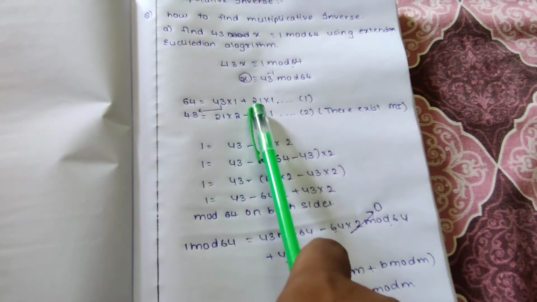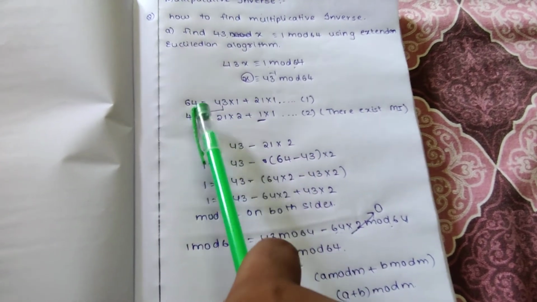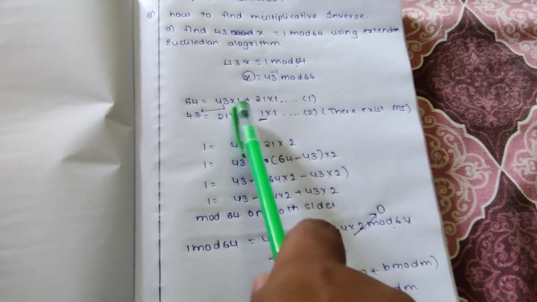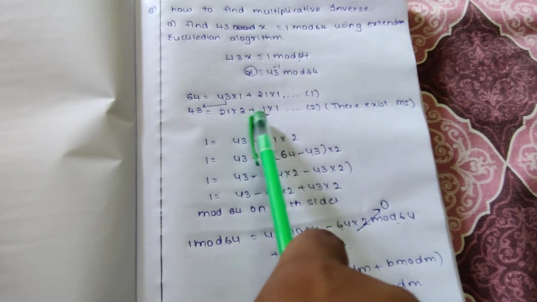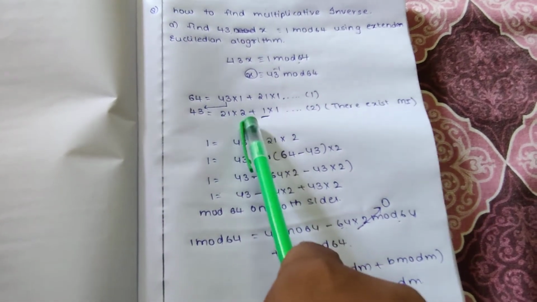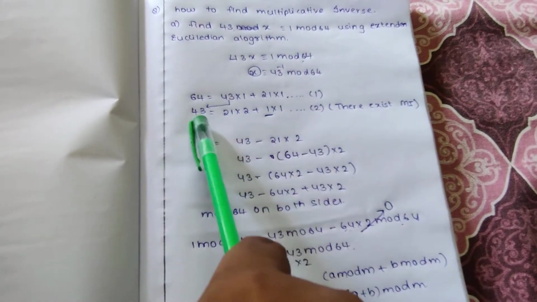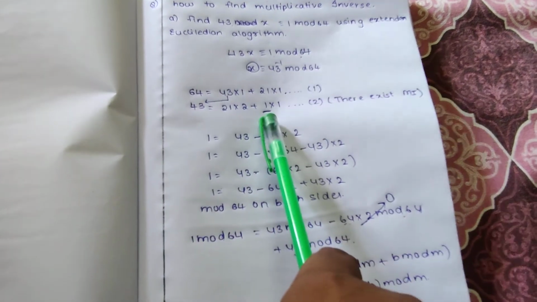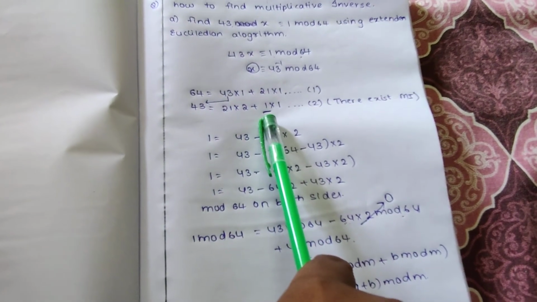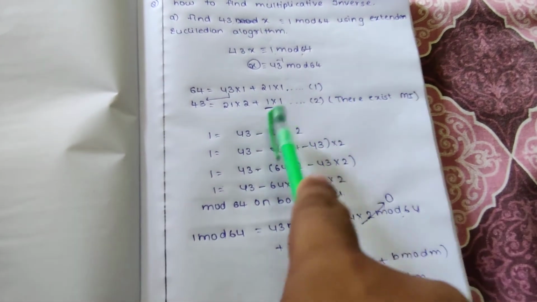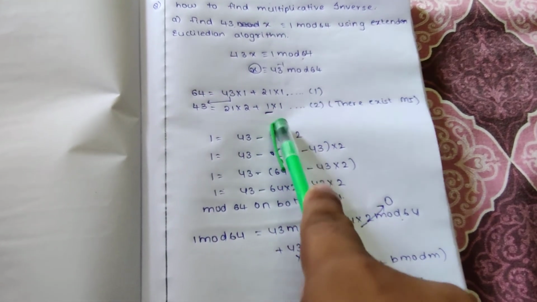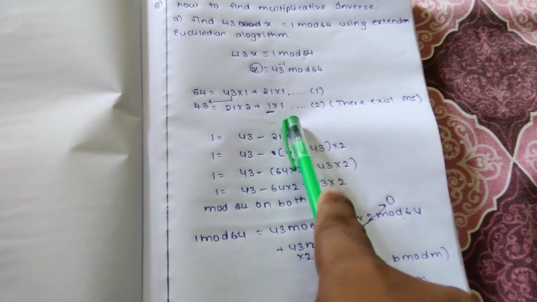So 43 plus 21 equals 64. In the next step, we take 43 and write it in terms of 21. So 21 into 2 plus 1 into 1 gives 43. When we get 1 here, it clearly states that there exists a multiplicative inverse, so we can find it.